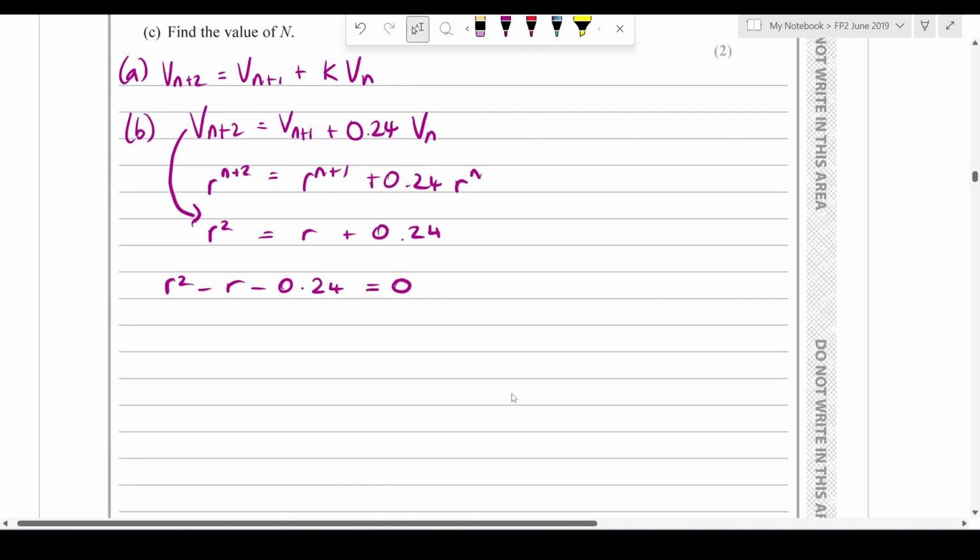At this point, I would probably just put it into the calculator, but let's see if we can solve it. 100r squared minus 100r minus 24 is equal to 0.